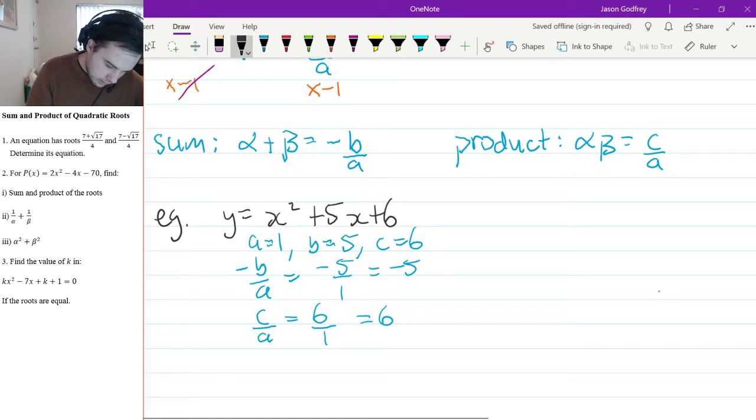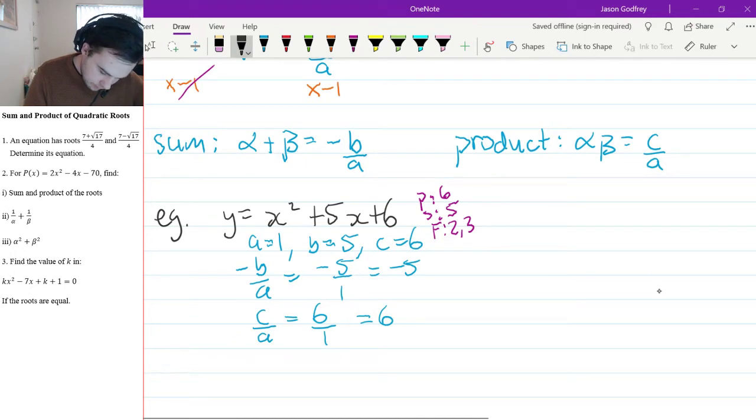So if we were to factorize this quadratic equation, right, it would have factors 2 and 3.